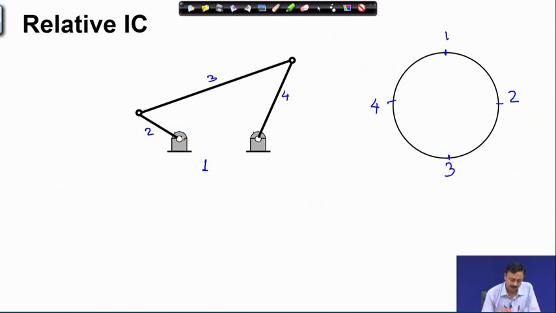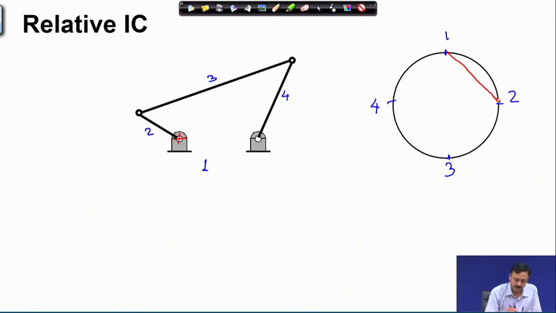I will join. So, for example, I12 is this point, the relative instantaneous center of rotation between 1 and 2 is this ground hinge. So, I know that. So, I will join 1 with 2.